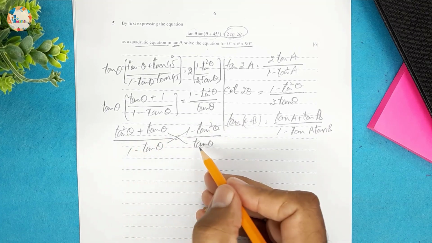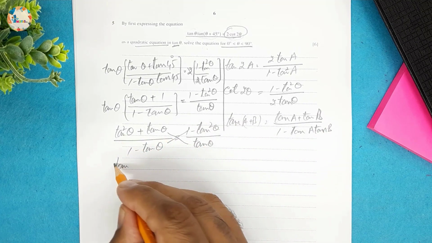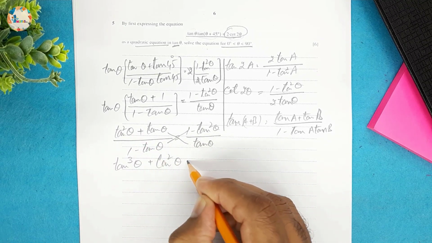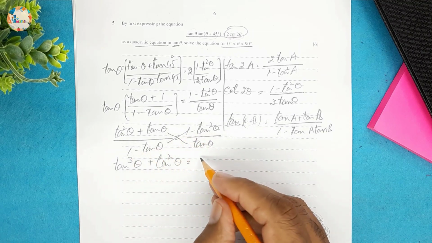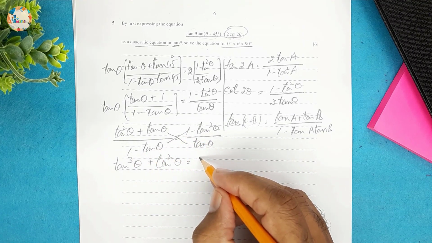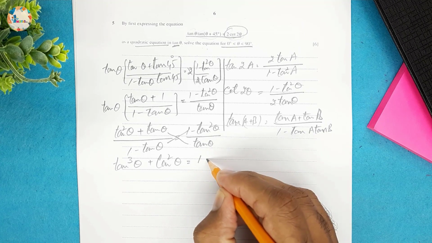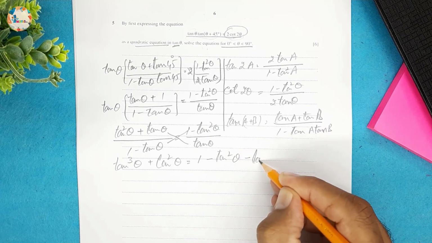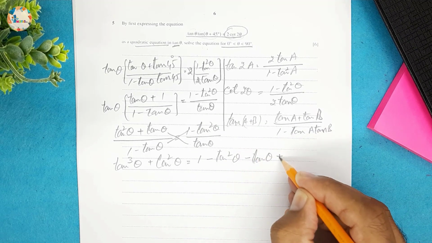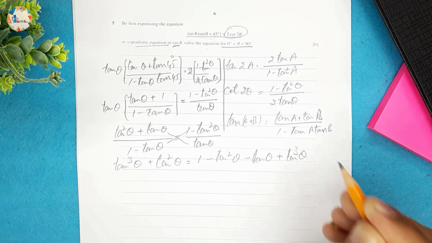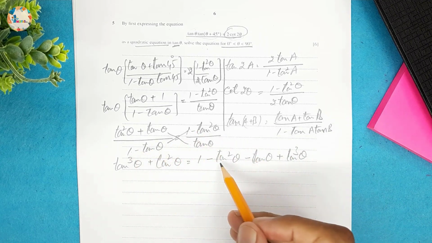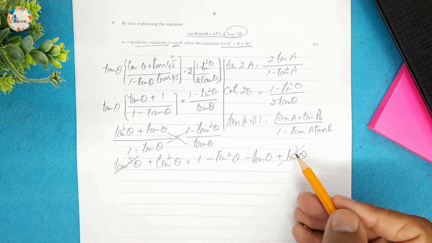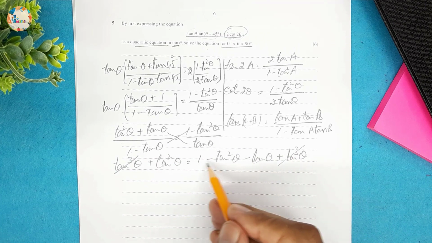After cross multiplication, this will be tan cube theta plus tan square theta is equal to 1 minus 1 minus tan square theta minus tan theta plus tan cube theta. So this one will be resulting to 4 terms, and this is cancelled with this. These are same. So everything we can shift to this side.